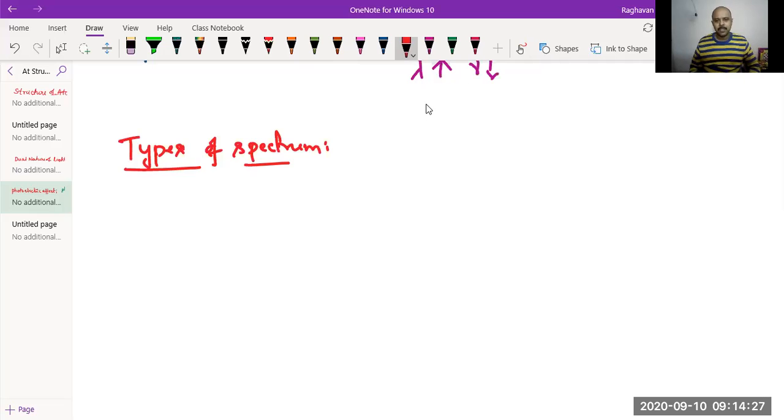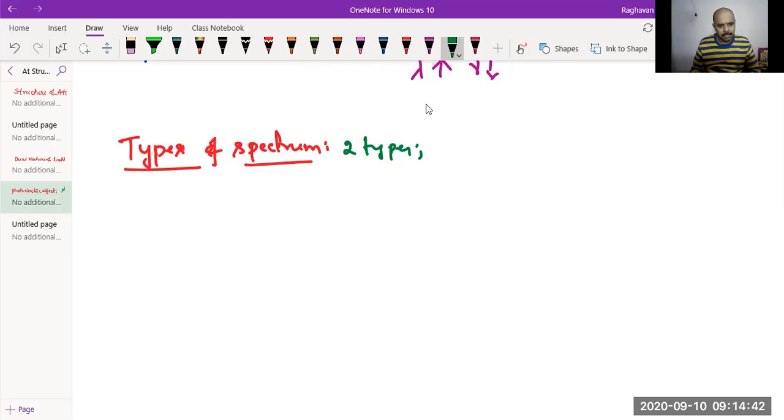Types of spectrum. Spectrum is the pattern of radiation obtained by arranging the radiations in increasing order of wavelength, as we have seen. There are two basic types of spectrum obtained.